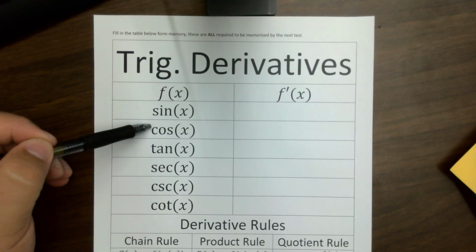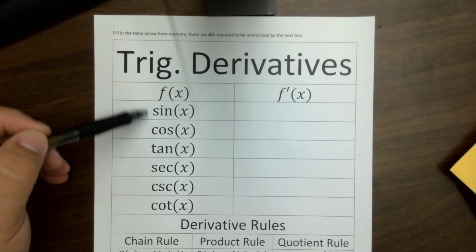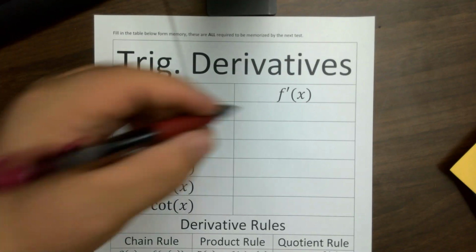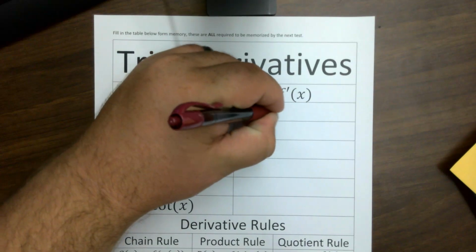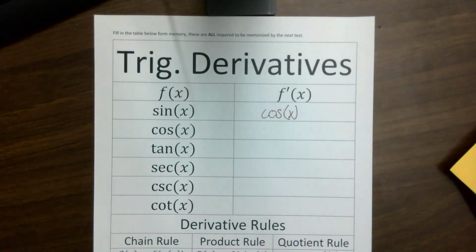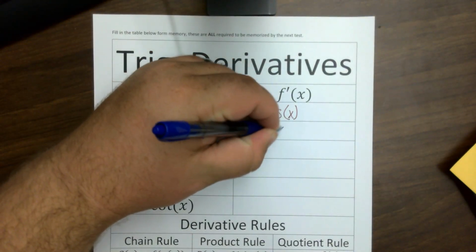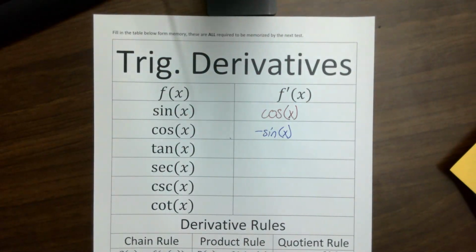We did these two with magic. We found that the derivative of sine was cosine, and the derivative of cosine was negative sine. We will look at them again when we get to L'Hopital's rule, I think third quarter, and we will actually prove that the derivative of sine is cosine.